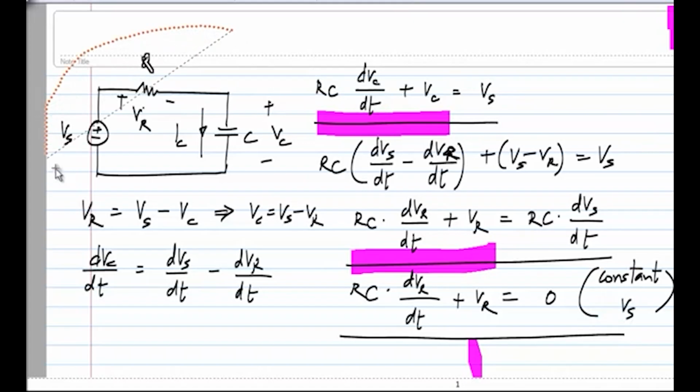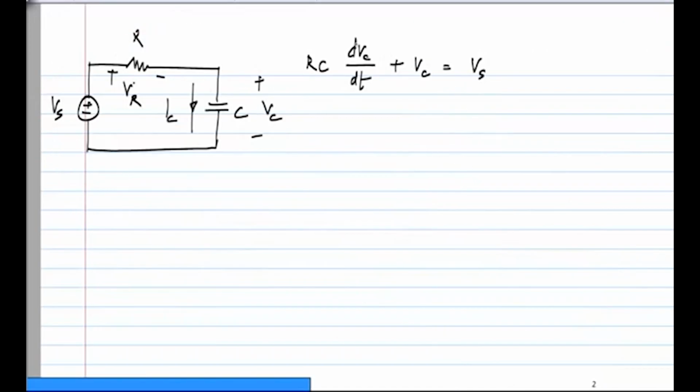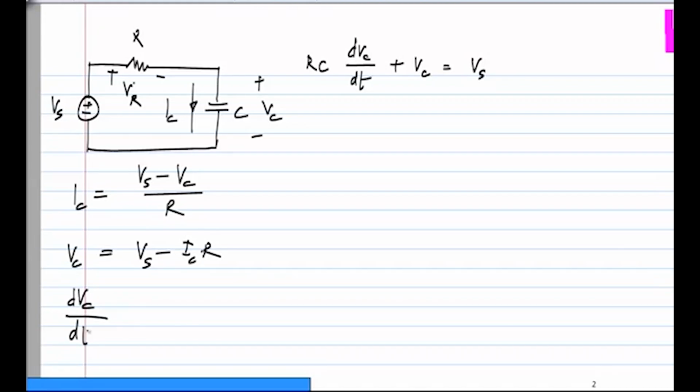Now we can also try it in terms of IC, and it will be similar. IC is nothing but Vs minus Vc divided by R, and if I write Vc, I see that it is Vs minus Ic times R. So time derivative of Vc is time derivative of Vs minus R time derivative of Ic.